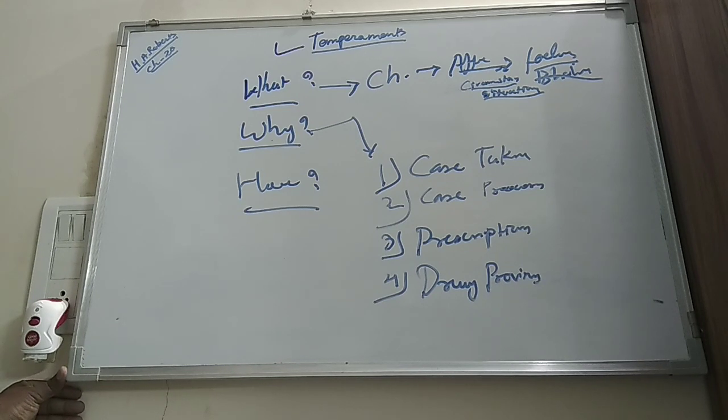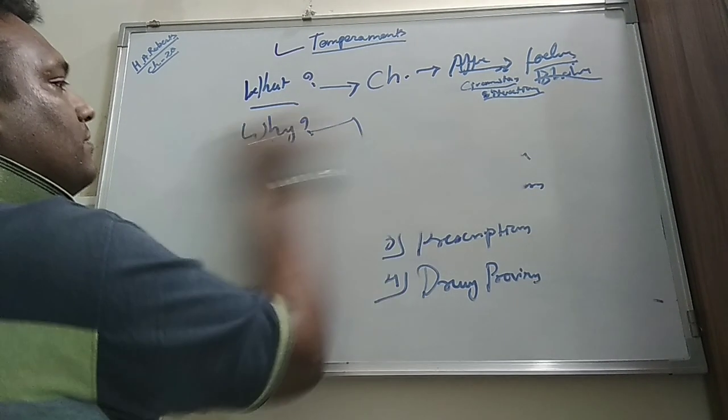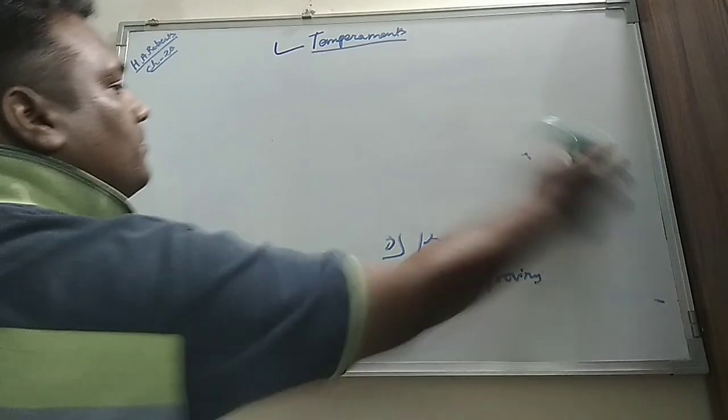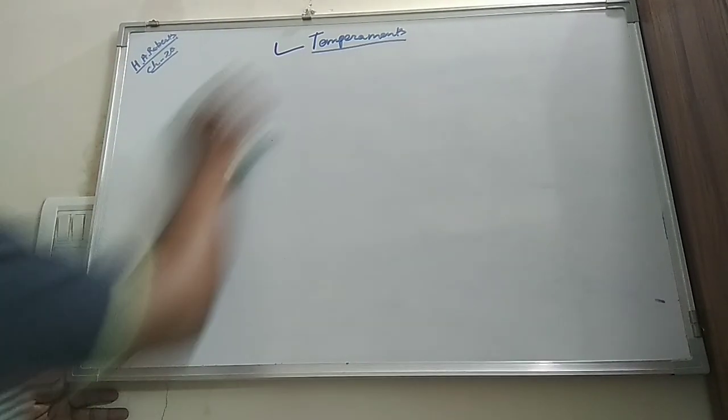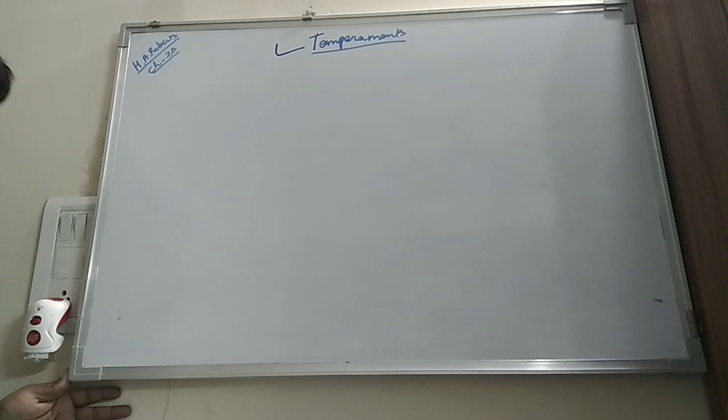We apply the knowledge of temperament in case taking, case processing, prescription and drug proving. But how to do that? For that, we have to understand what temperament is, which types of temperaments are available, and how to understand the temperament in its actual form.